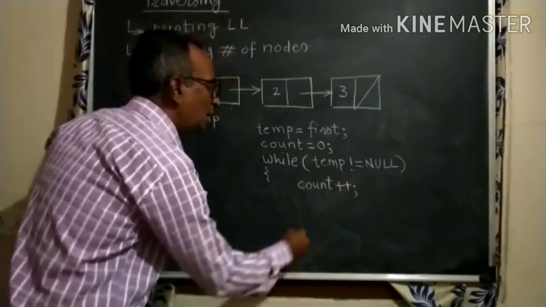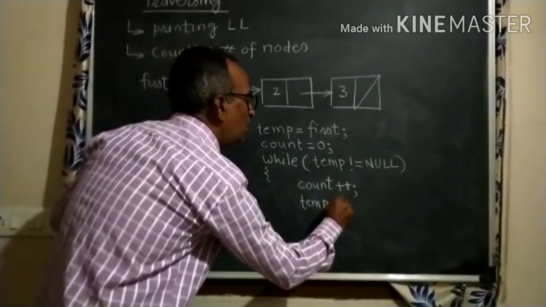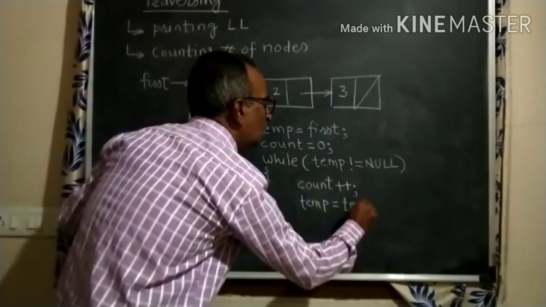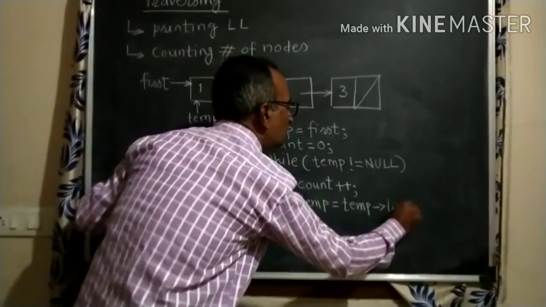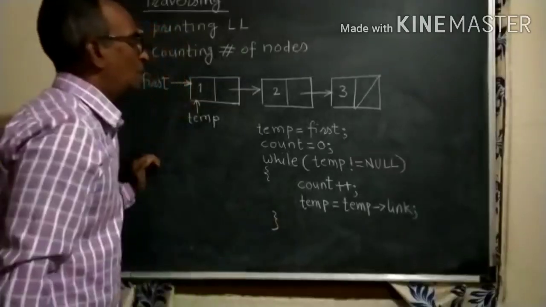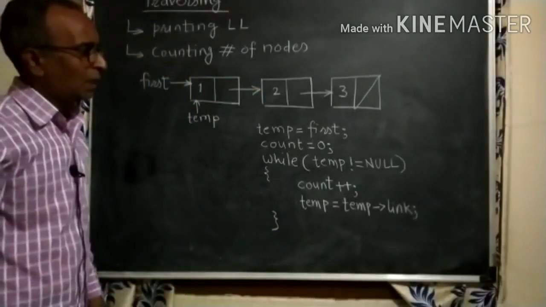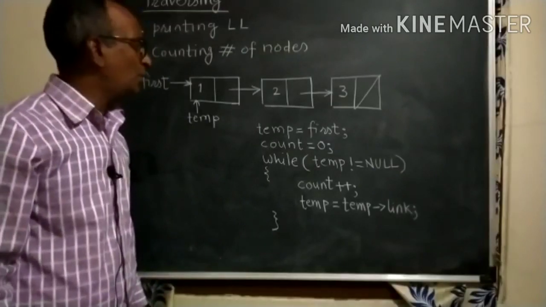After incrementing, we are moving temp. Temp is given temp's link field. Now we have seen the structure for this node. That's it. This is central logic for counting.